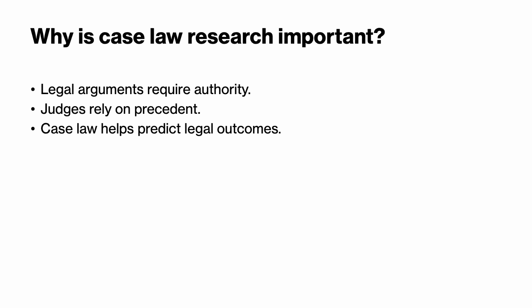Case law does also help to predict legal outcomes. So if courts have ruled in favor of defendants that have a similar self-defense case, then it's going to strengthen the client's position. But in the alternative, if courts have ruled against similar defendants, then you have to distinguish your case from those unfavorable precedents.